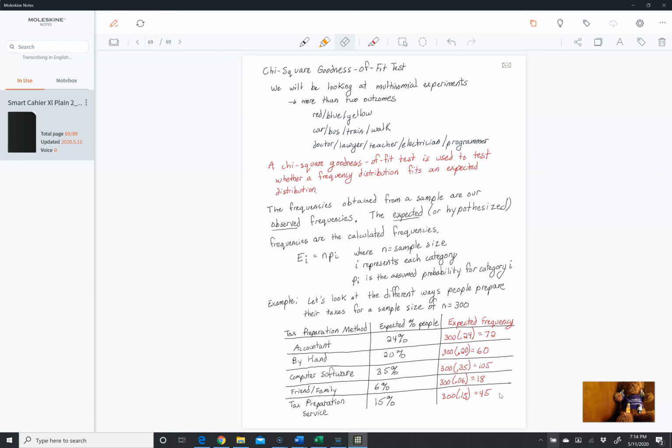Let's do another example. So again, in the next example, I'm going to give you expected percents, and we're going to calculate the expected frequency.